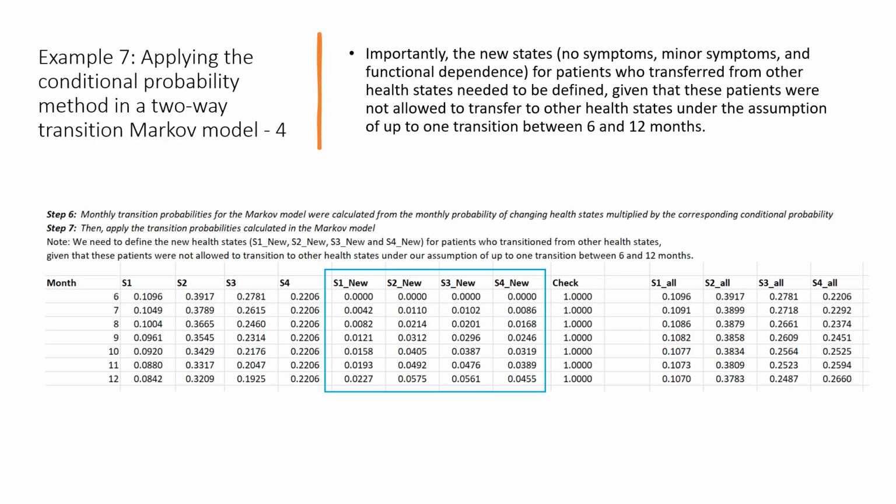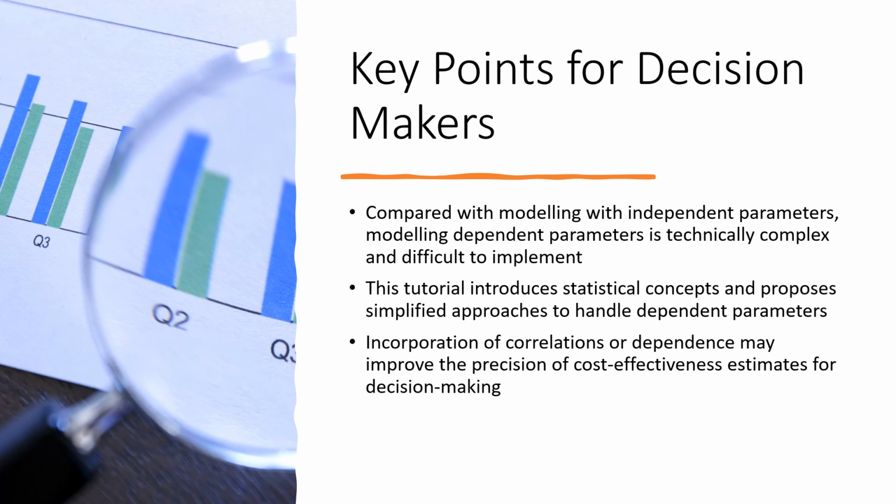It should be noted that we needed to define the new states: no symptoms, minor symptoms, and functional dependence for patients who were transferred from other health states, given that these patients were not allowed to transfer to other health states under our assumption of up to 1 transition between 6 and 12 months.